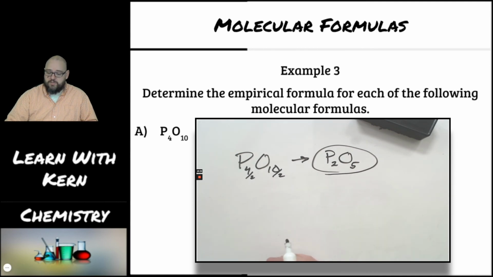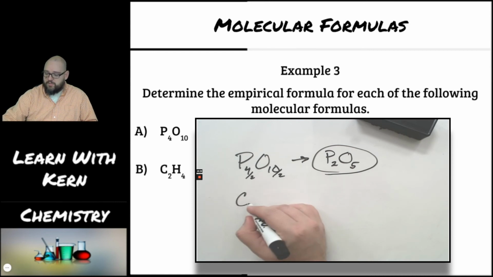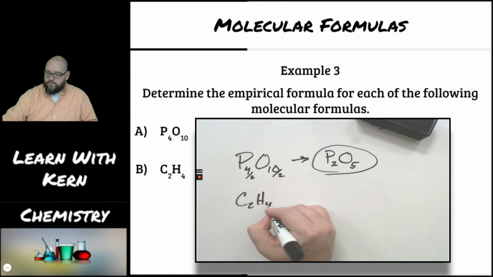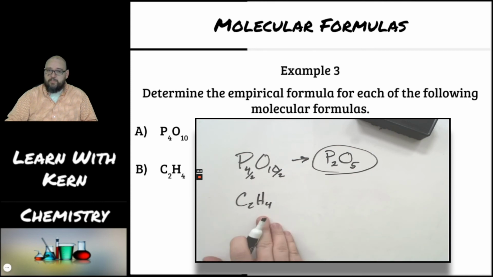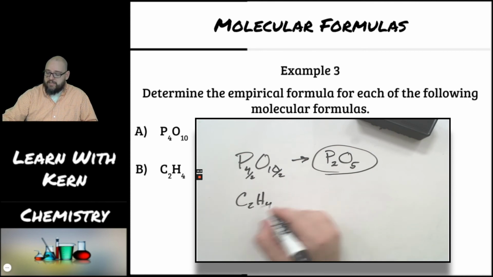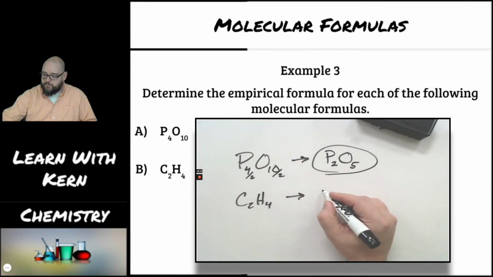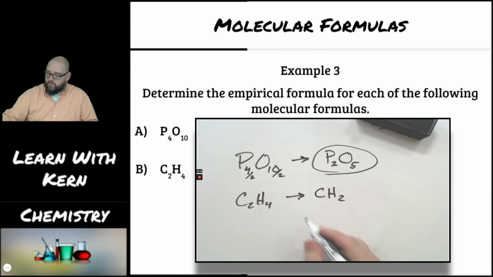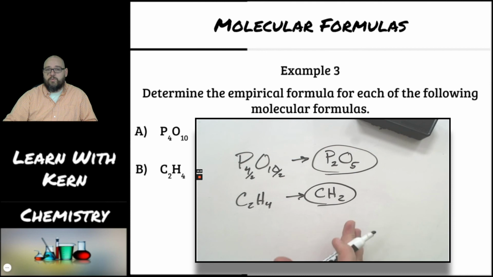I reduce the subscripts. So on this one we have C2H4. Well, these can both be divided by 2. So I can reduce them. And so that gives me CH2. Once I reduce them, I divide that by 2, divide that by 2. So my empirical formula is CH2. You see, the empirical formula is the smallest possible ratio.